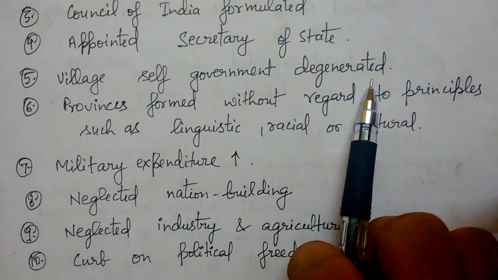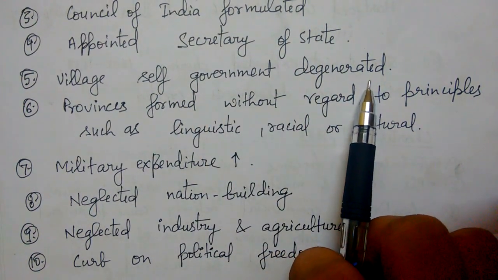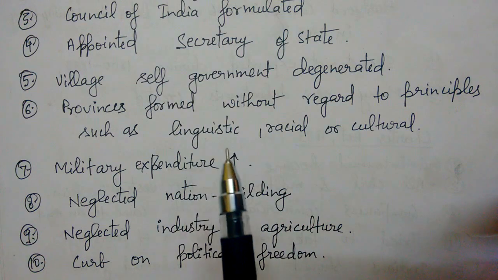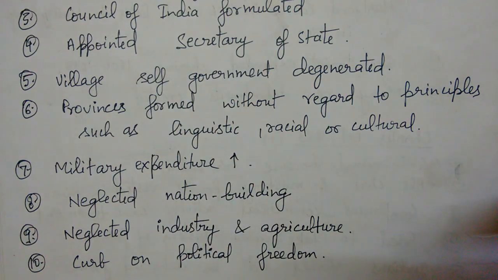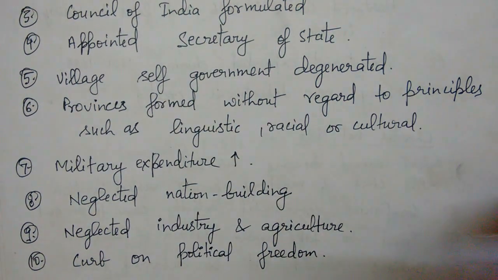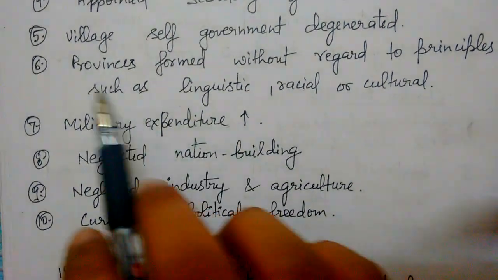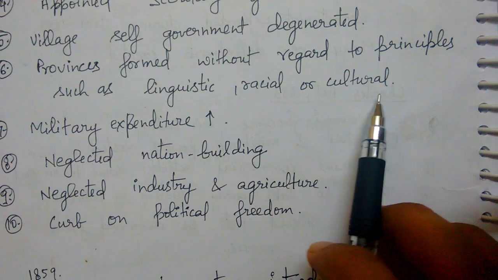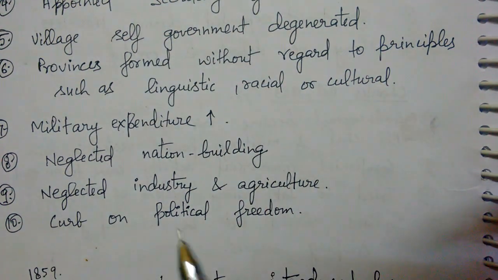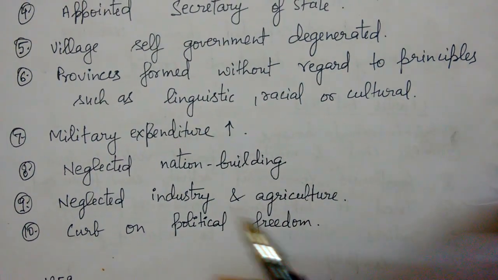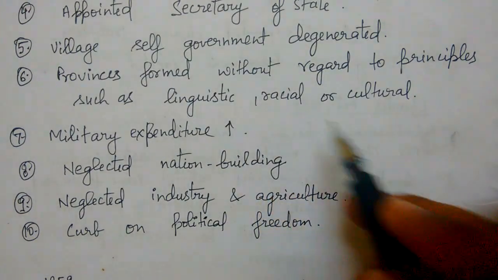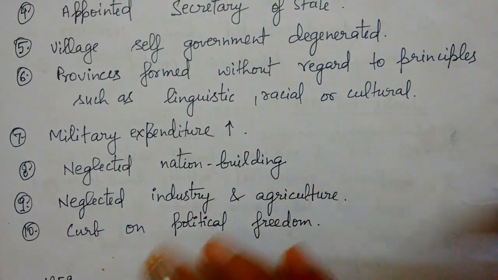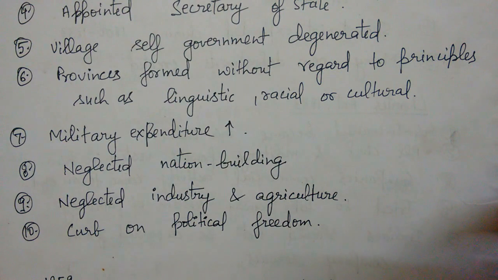Then village self-government degenerated. From here the village self-government started getting stifled, and this question came in UPSC. How, we will see later. Then provinces were formed without regard to principles such as linguistic, racial or cultural ones. They were just forming provinces based on anything. It means any line they would draw, from here this will be a particular province, and that will be a particular province.